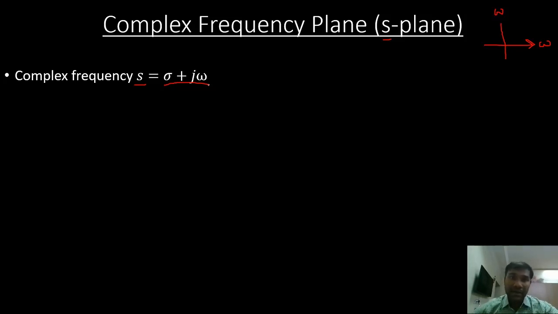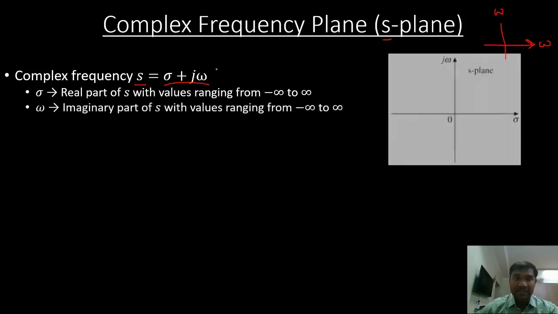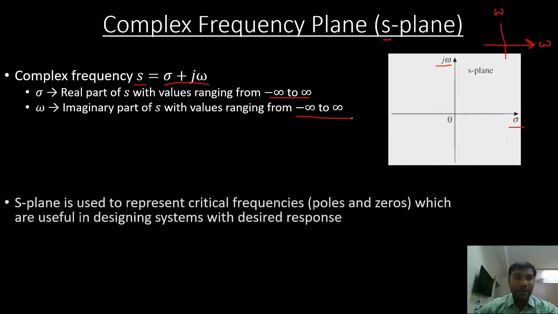Now in the s plane, the real part is shown on the x-axis and the imaginary part is shown on the y-axis. The real part of s will range from minus infinity to infinity. Similarly, the imaginary part will also range from minus infinity to plus infinity.